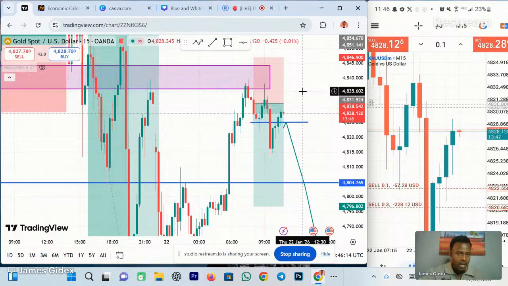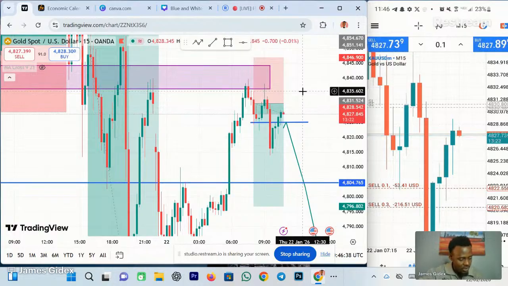Once you put your stop loss, make sure you stay there. Even if the market is coming close to take you out and you are certain about your analysis, don't go anywhere. Stay there until it hits your stop loss, because that is what you have made up your mind to risk.